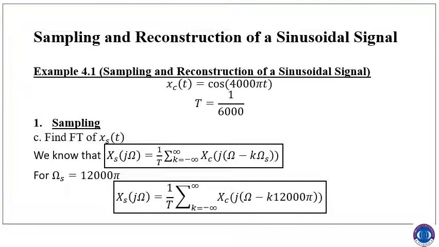For this particular sampling frequency, 12,000π, substituting into the equation, we see the copies of the original spectrum appear at multiples of 12,000π. So we have obtained the spectrum of the sampled impulses, that is xs(t) or Xs(jω). Let's move on to the next slide.